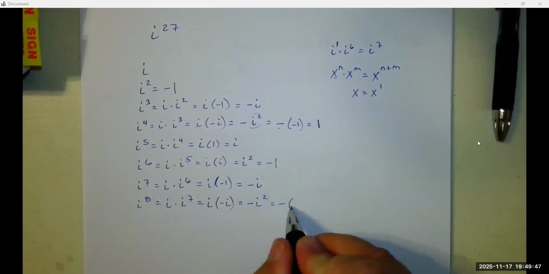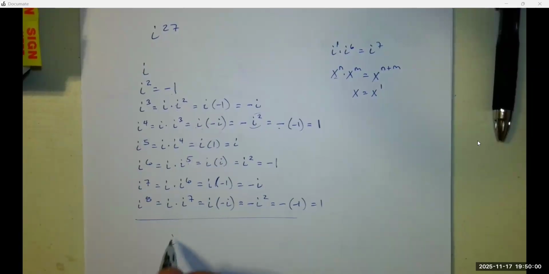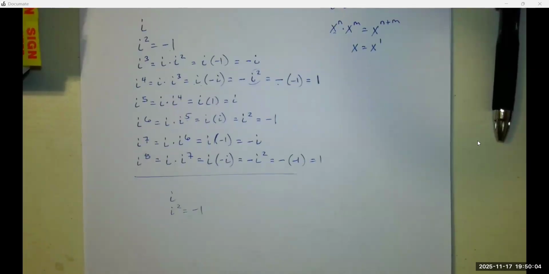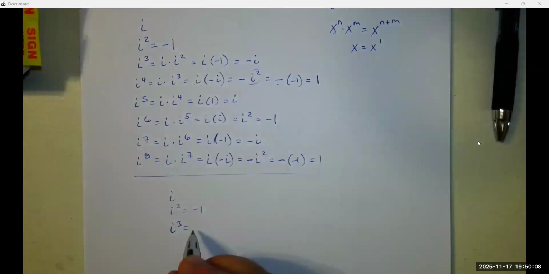Negative i squared is negative 1. Okay, we're seeing a pattern now. The pattern is this. We have i squared is negative 1, i cubed is negative i.